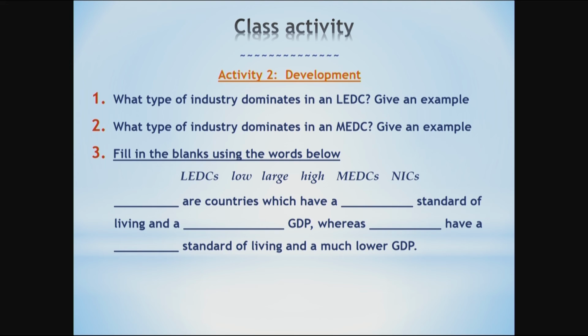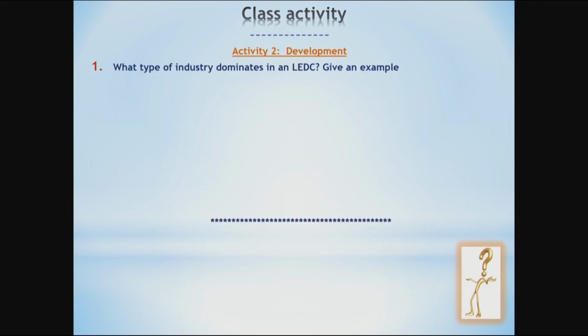We move on. Now let us do some class activity. Here we have 3 questions. I'll give you 3 minutes to complete these questions, and then together we'll give the answers. Okay, ready for the answers? Let's see.